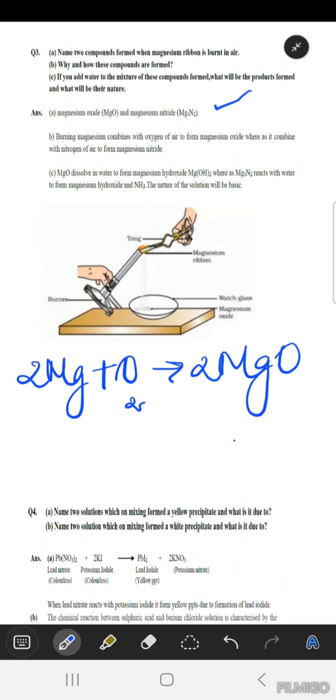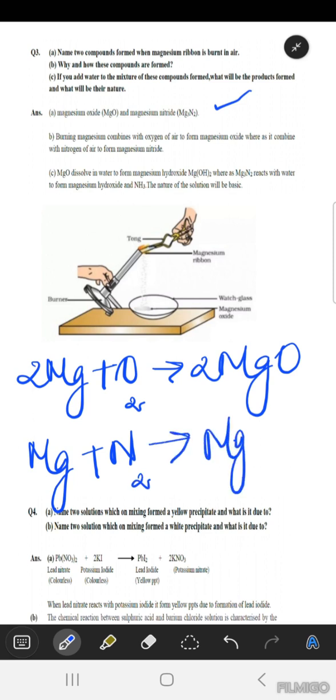Similarly, magnesium reacts with nitrogen and what we get is magnesium nitride. So these are the two chemical reactions that take place when magnesium is burned in the presence of oxygen.